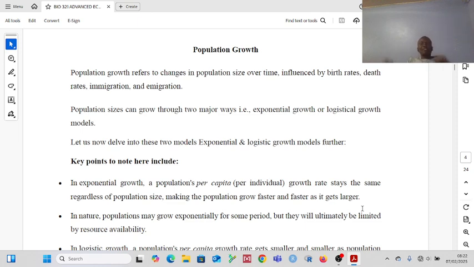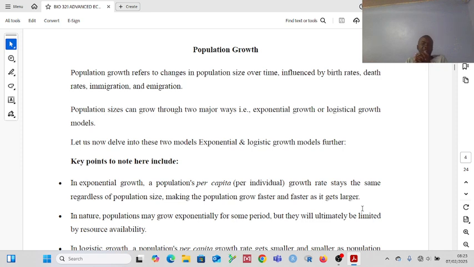Okay, so birth rates and immigration will lead to an increase because it is adding into the number. But death rates and emigration will lead to a decrease. Sababu hiyo inapunguza.